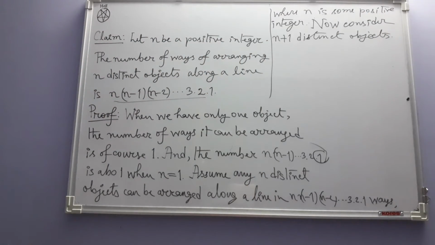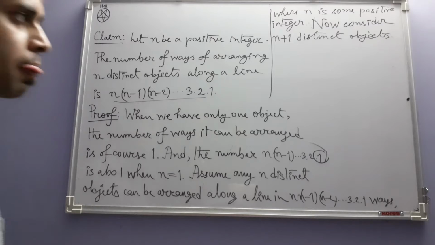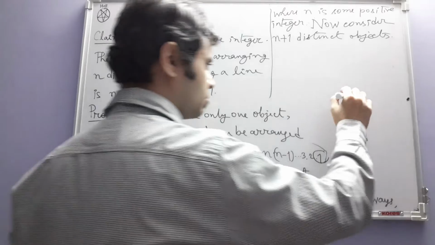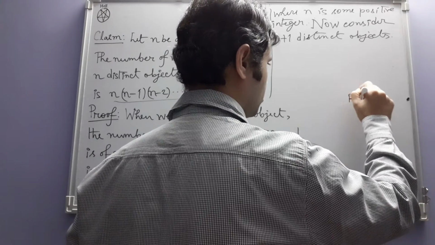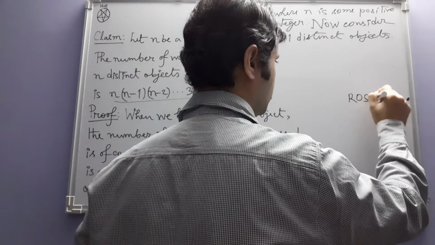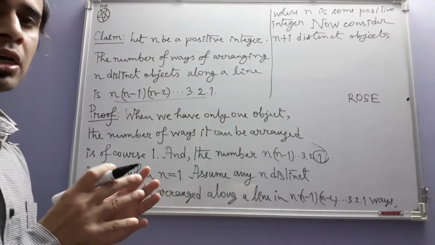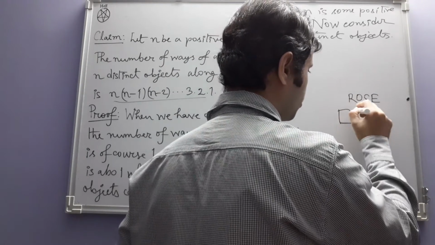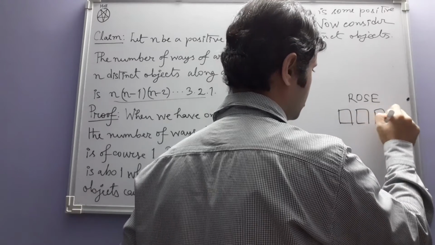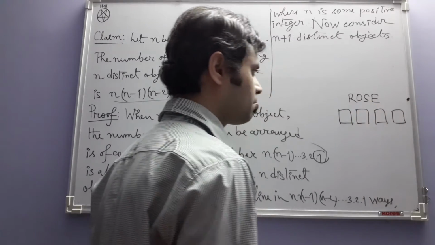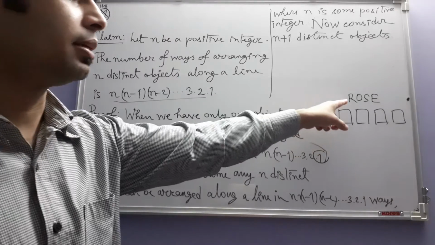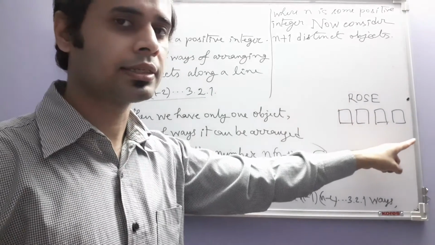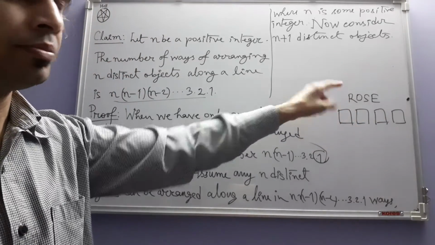Now if you go back to that cat example, or for example the rose example. There we had 4 places, and those 4 places are to be assigned some letters. Each one of them will be assigned a letter of this word.